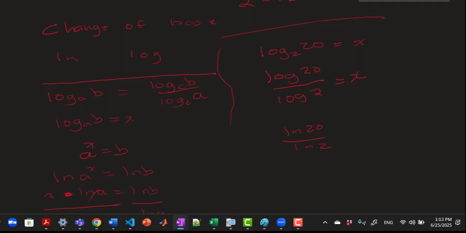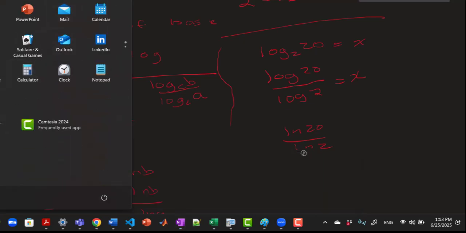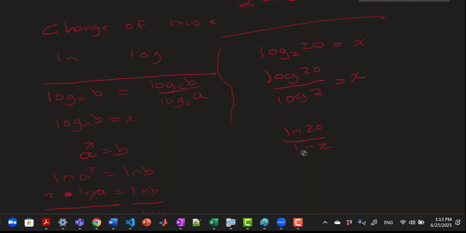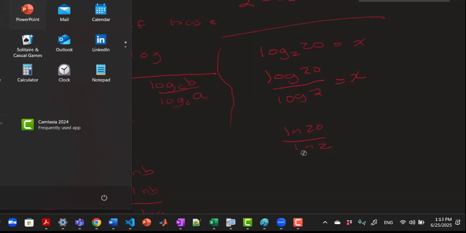Now, depending on your calculator, you may already have this on your calculator. So if you have a TI-84 or an 83 plus, then if you go to the math menu, you have log base. I'll show you as soon as it comes up.